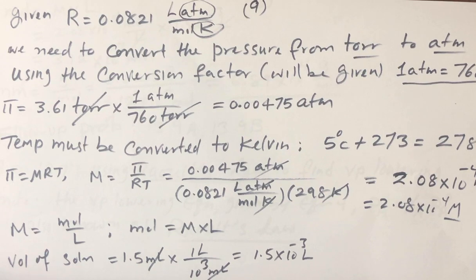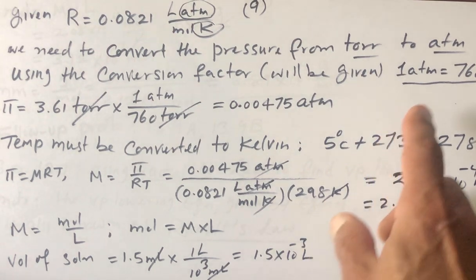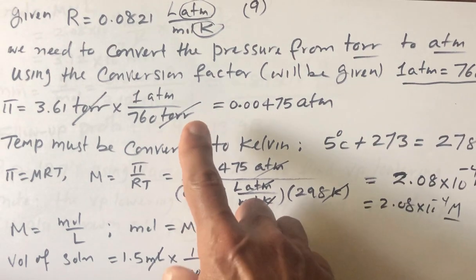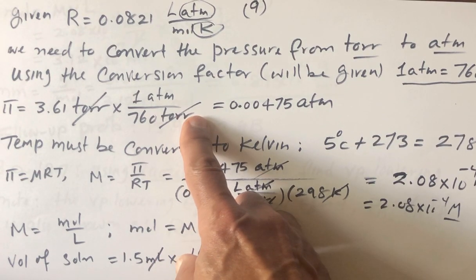And also the temperature needs to be converted from Celsius to Kelvin because again, the unit of R carries Kelvin, not Celsius.